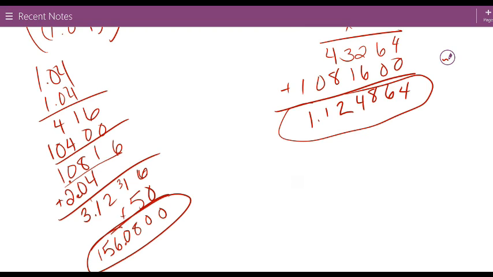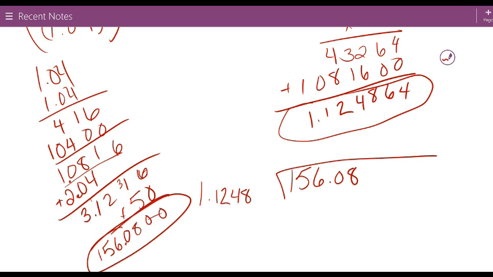All right, so 156.08, and I'm just going to leave those zeros off, divided by 1.012484, which then ends up being 138.755.